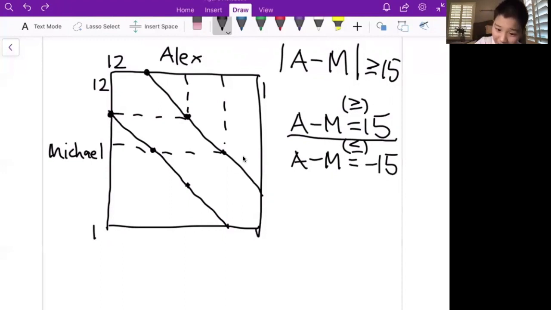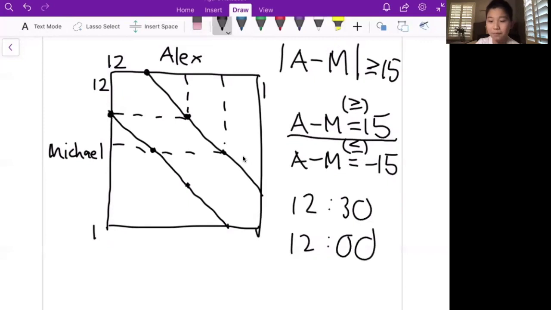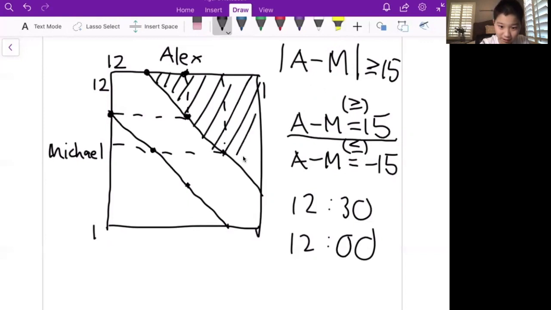So how about Alex arrived at 12:30 and Michael arrived at 12 o'clock? That satisfies this inequality. So if we plot that, that will be this point right here. So that's telling us that we're supposed to shade this region instead of the opposite one.